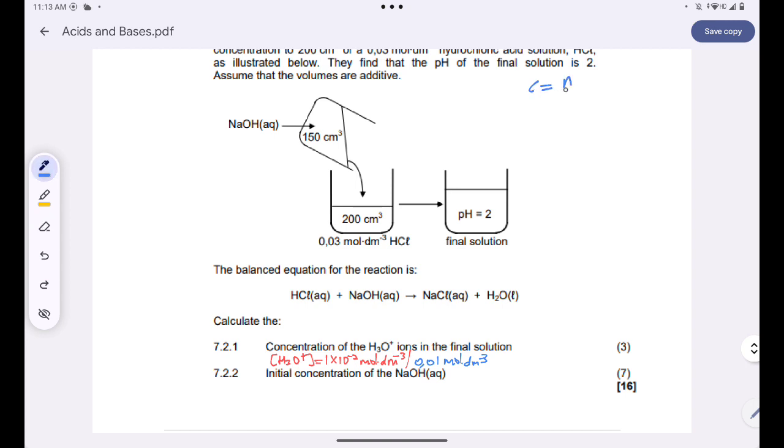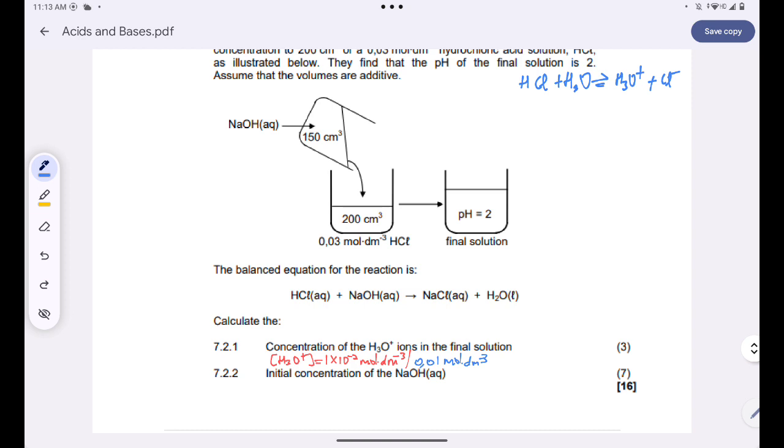I know that the acid was the one in excess, right? That means HCl plus water gave us H3O+ and Cl-.